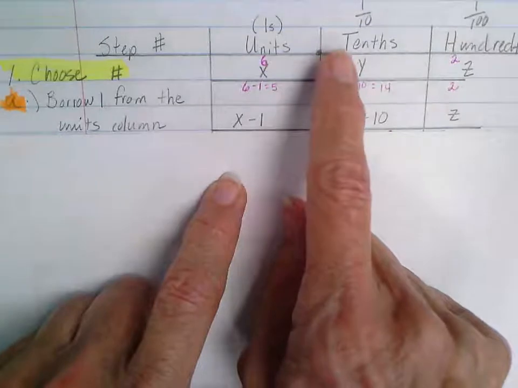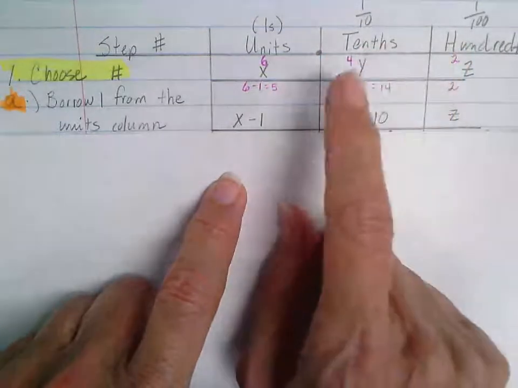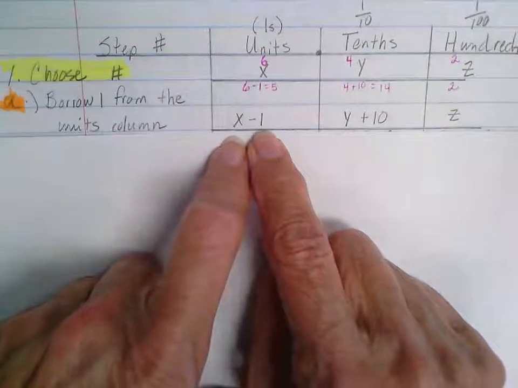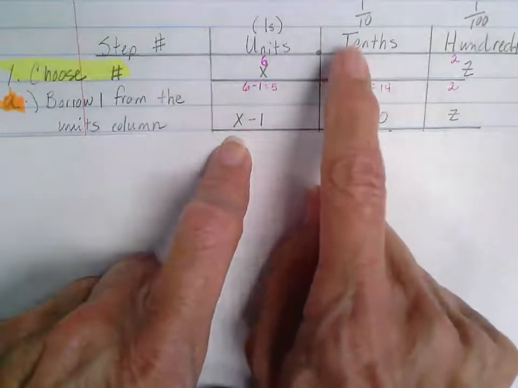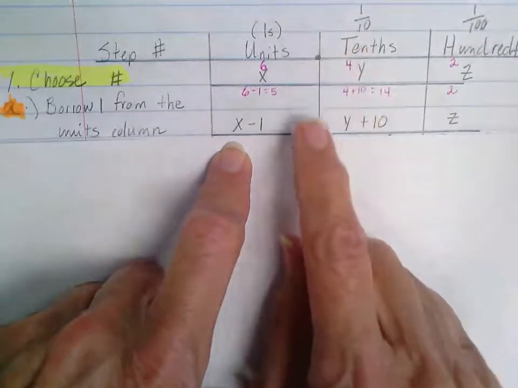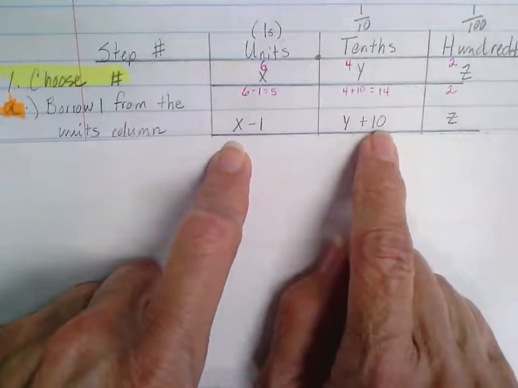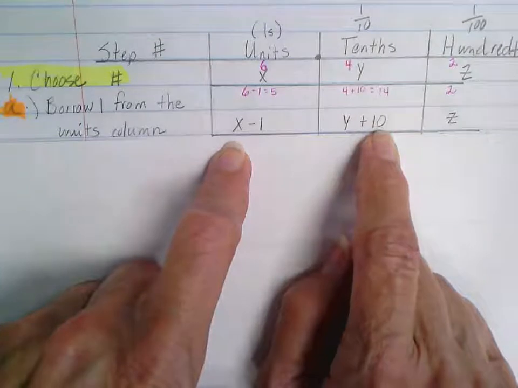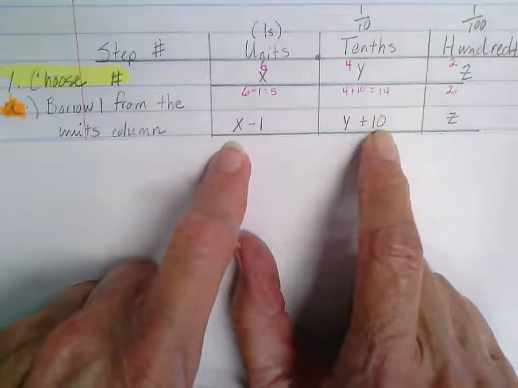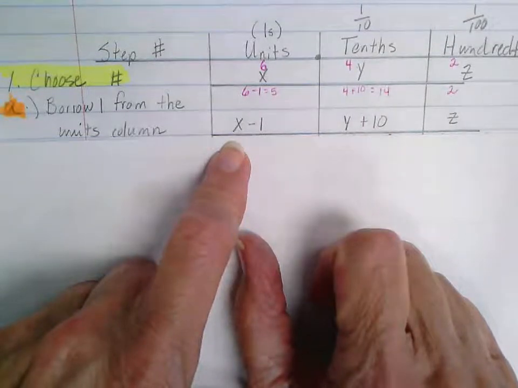Now remember, because we're dealing with decimals over here, when we take away 1, that is equal to 10 tenths, because this is the tenths column. So we're going to be representing that as 10. We're going to take 1 unit away, and that is equivalent to 10 tenths.